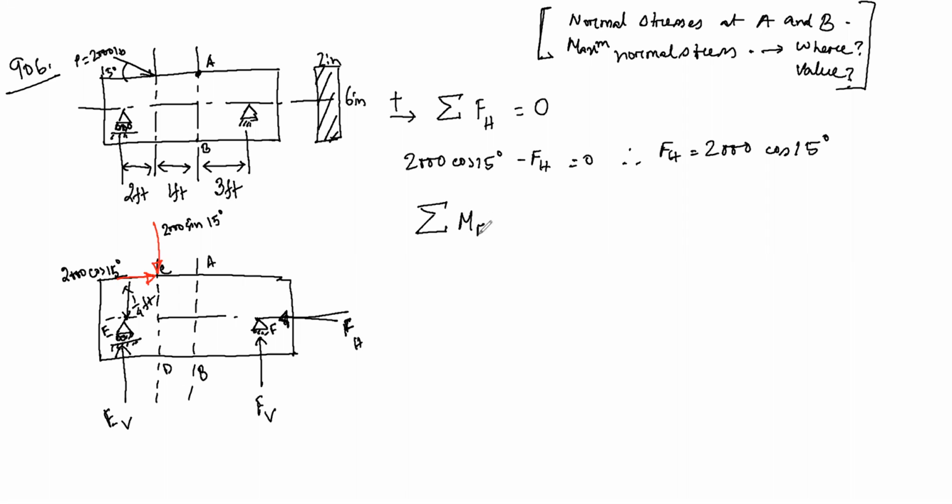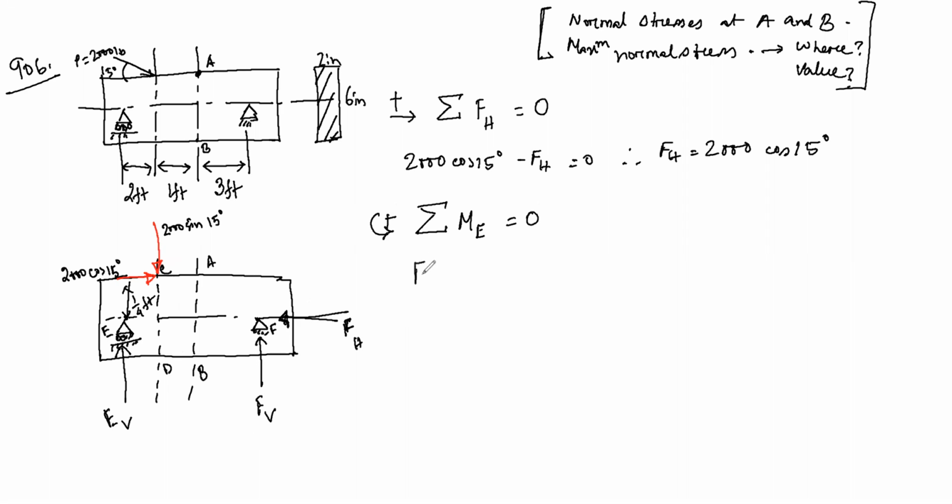Now if I want to find out the summation of moments at E, it should be equal to 0, taking anticlockwise as positive. So let's find out what it makes. From here we have this FV.